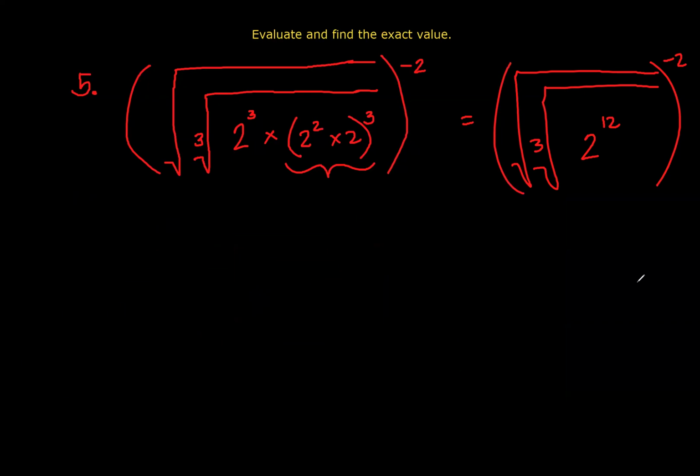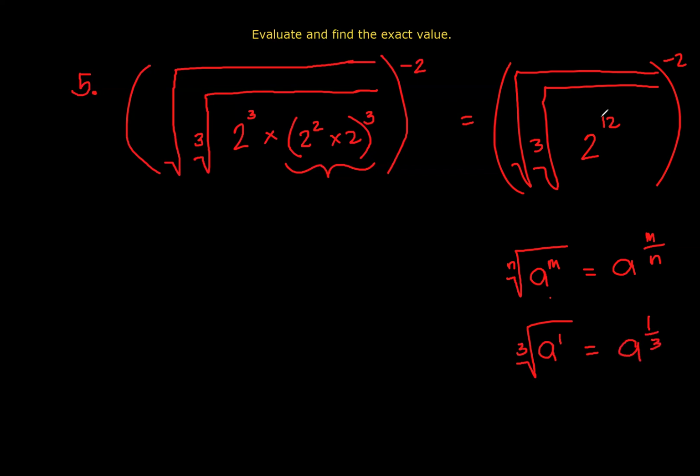For step 3, we are going to rewrite the cube root as an exponent. Now, we know that if we have the nth root of a raised to m, this will be equal to a raised to m all over n. Now, if we have here a raised to 1 and it is cube root, that will be equal to a raised to 1/3.